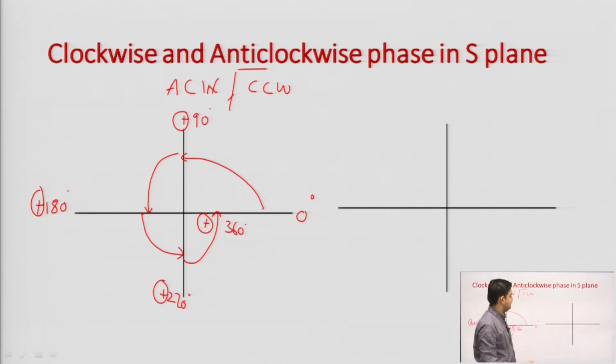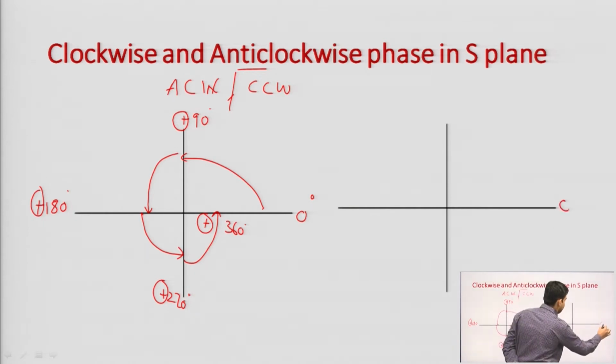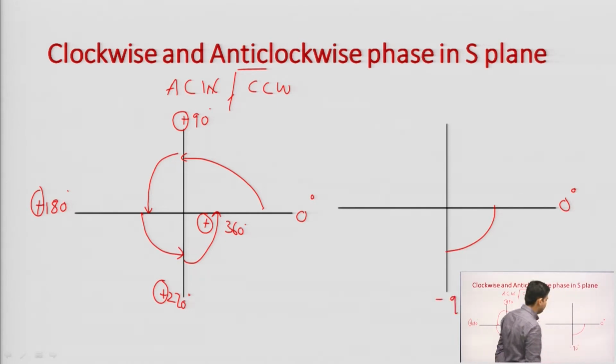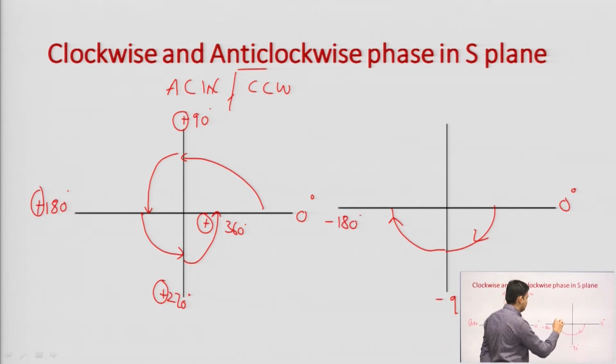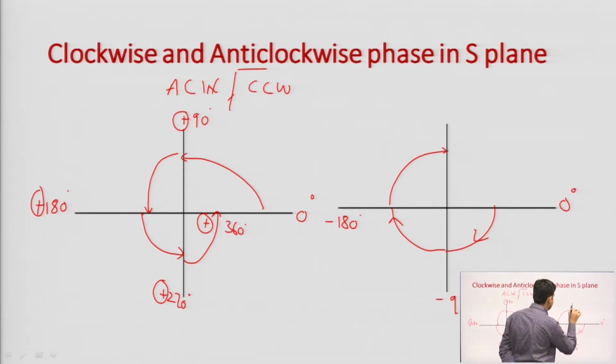What about clockwise? Suppose I am standing here at 0 degree, if I move clockwise, then I get a phase shift of minus 90. My direction is clockwise. Again, if I move clockwise by 90 degrees, I will reach minus 180. Again, if I move by minus 90, I will reach minus 270.